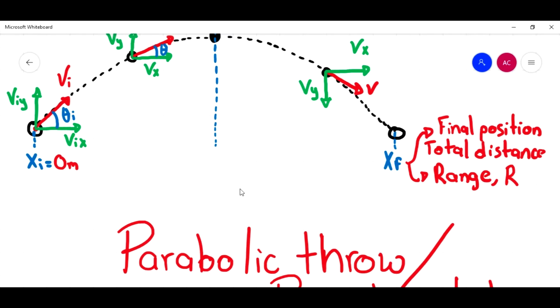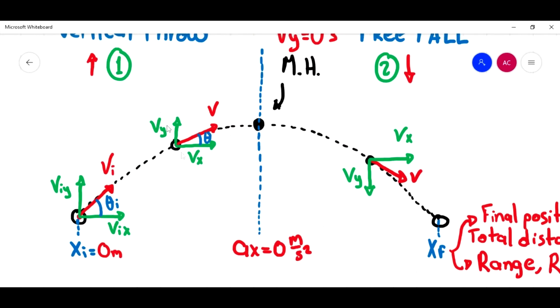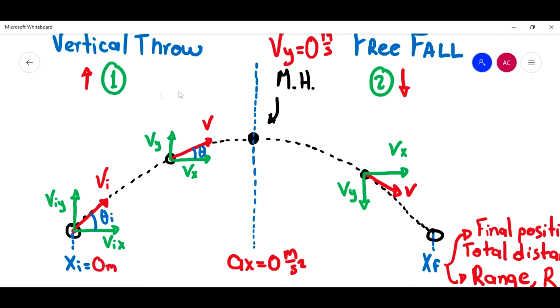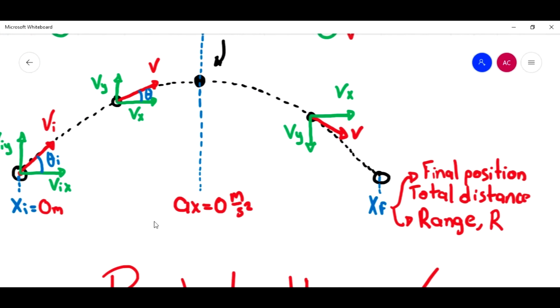Now remember, just as in the horizontal throw, the acceleration in x will be 0 meters per second squared. So that means that the velocity in x will be constant. Okay, that's very important because we are going to consider exactly the same things. This could be treated as vertical throw, this free fall, and x could be treated as horizontal throw.